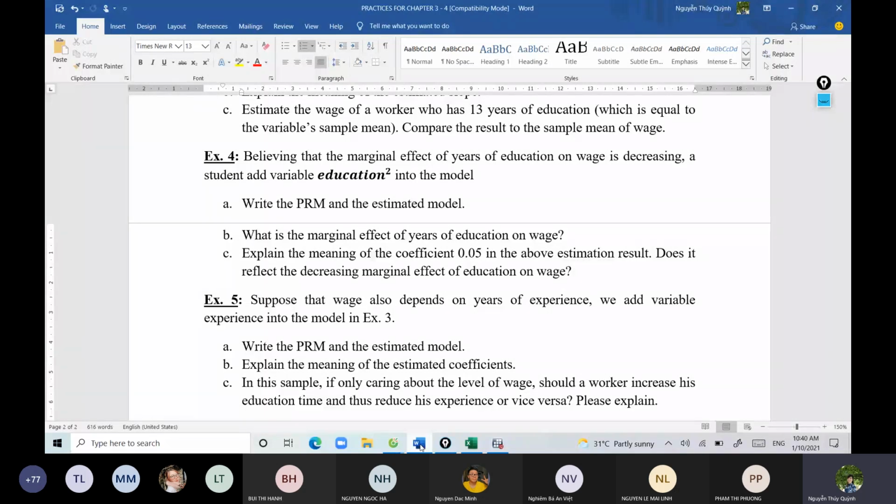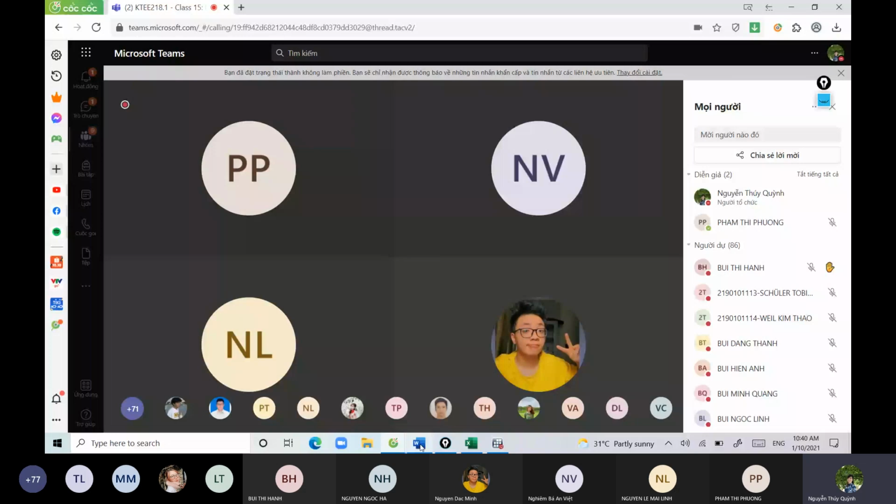Then you regress the model: we regress wage on education and the square of education. Okay, you can get the model. Now, any volunteer? Any volunteer here?